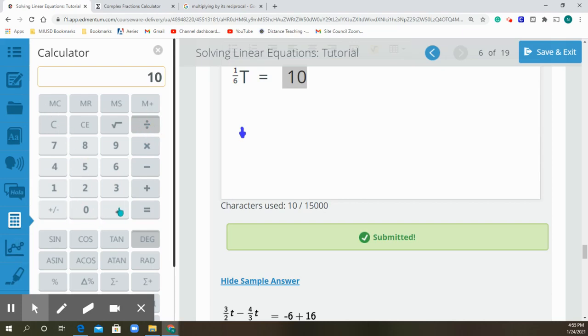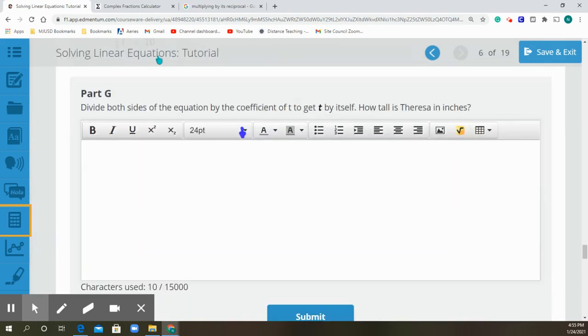All right, so what's the fraction of 1/6 here? 1 divided by 6 equals 0.1666. Okay, so if I do 10 divided by 0.166 equals, so she's about 60 inches tall.